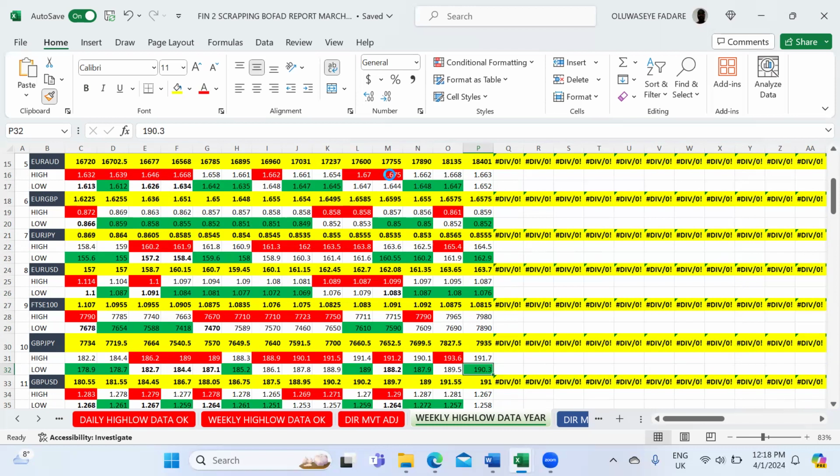Sorry, let me just try and update this so that you'll be able to see the trend. The importance of the data that we are updating is to help us get the correct actions.